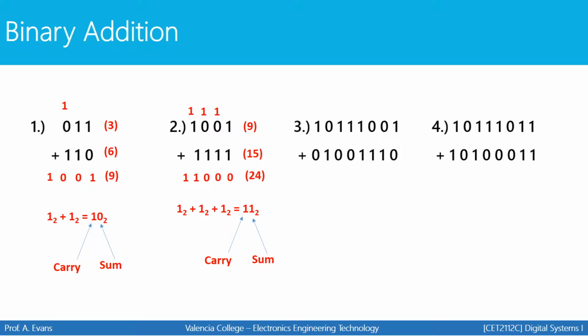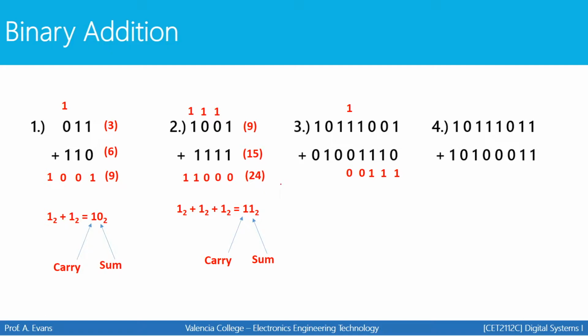Now on to our third example. We're going to start from the right, work our way to the left, and add up each column. 1 plus 0 is 1. 0 plus 1 is 1. 0 plus 1 is 1. 1 plus 1 is 0, carry the 1. Then 1 plus 1 plus 0, that's 1 plus 1, which is 2. Remember, 2 in binary is 1, 0.